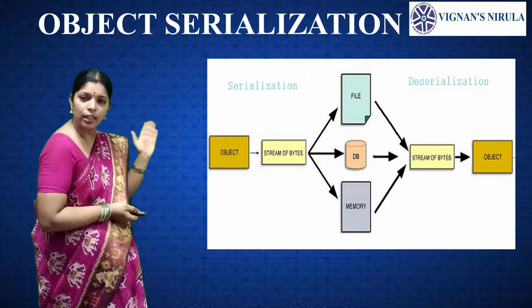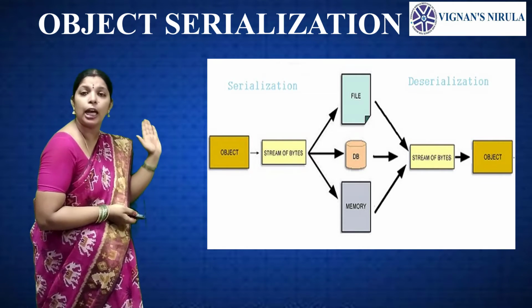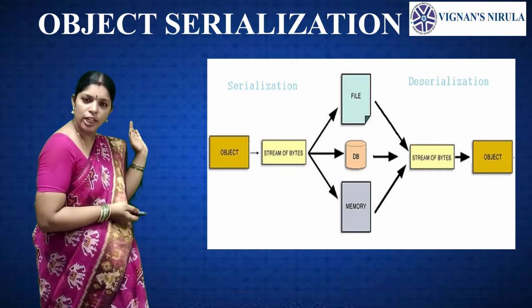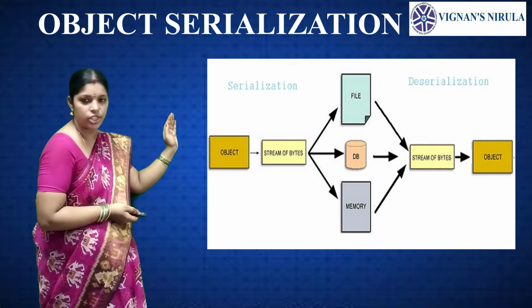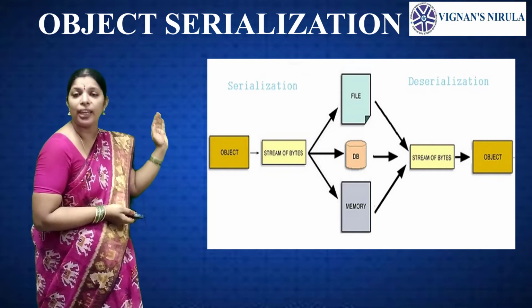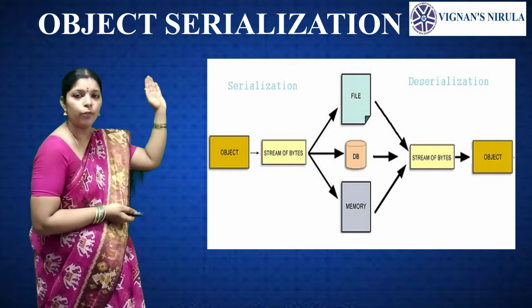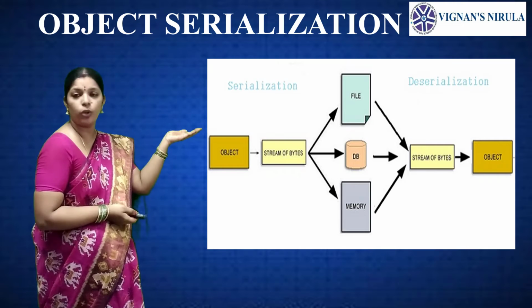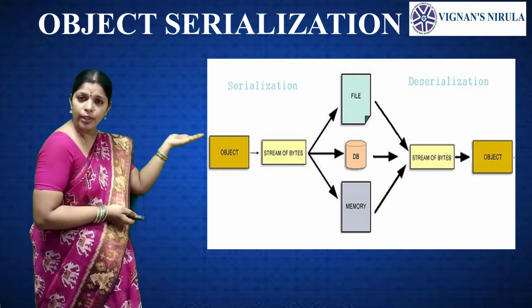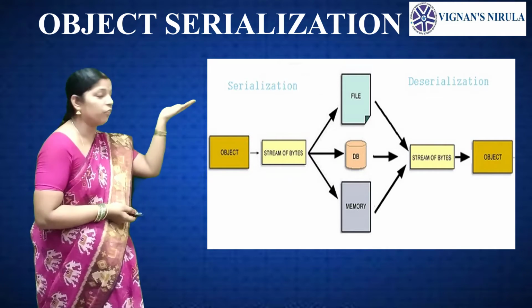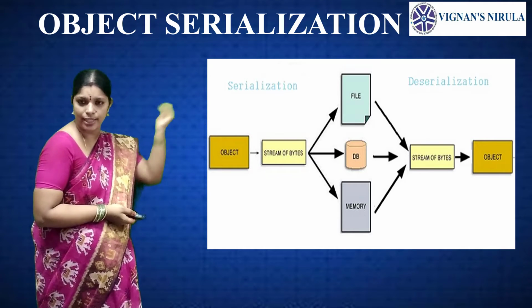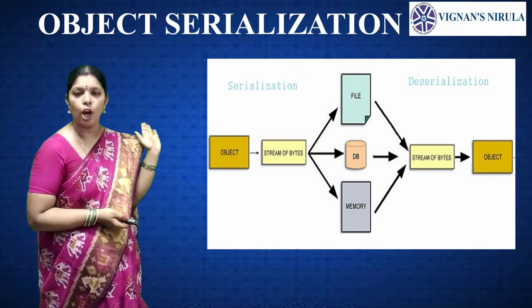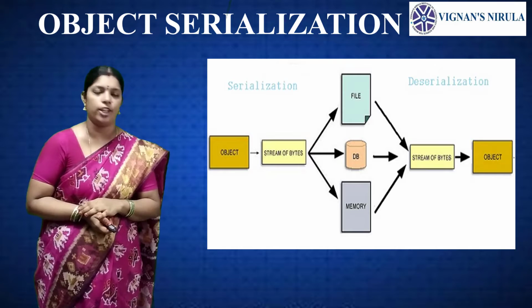In these we are storing the byte streams. So the object is converted into byte streams, and the byte stream can be stored in our file, DB or any memory. And next, the byte streams can be converted into the object, that is deserialization. This is the figure about object serialization and deserialization.